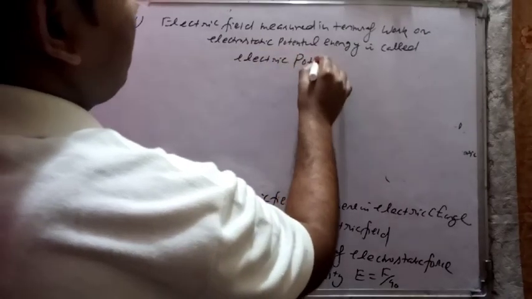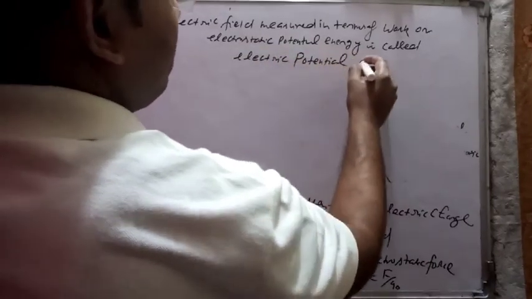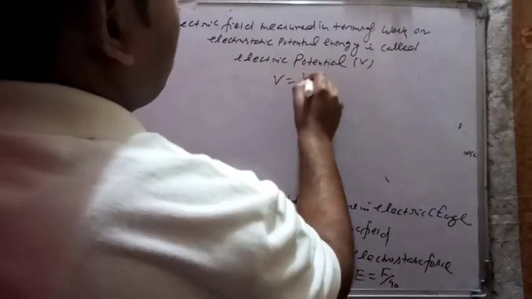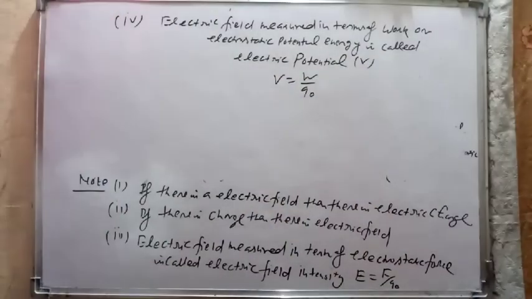Electric potential V, V is equal to W by Q naught, where Q naught is the test charge.